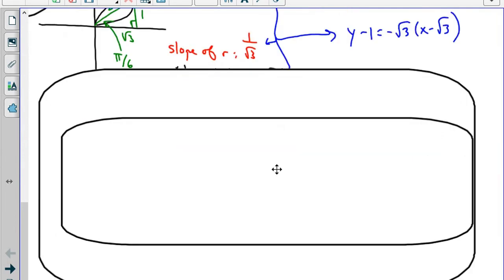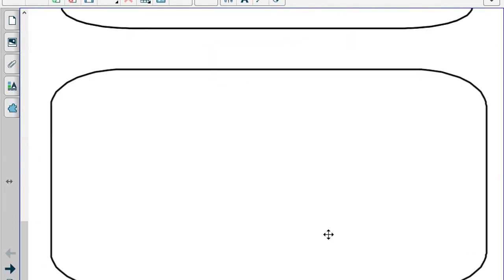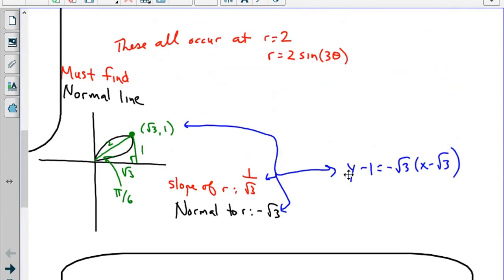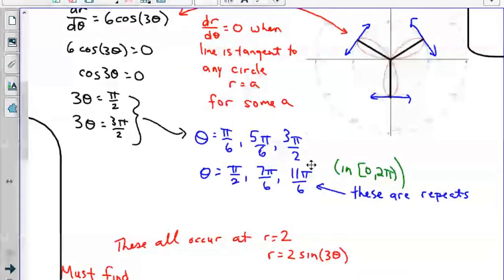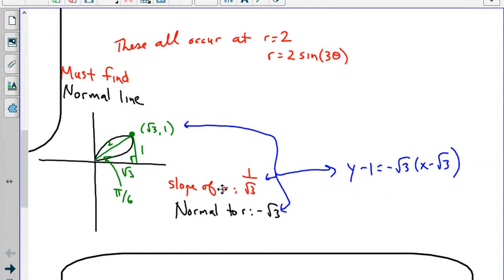So what I did was I drew one of these little petals, and then I figured out that since this one is at pi over 6, the slope of r there is up 1 and over root 3 from the origin here.